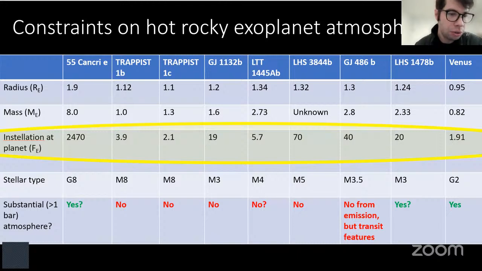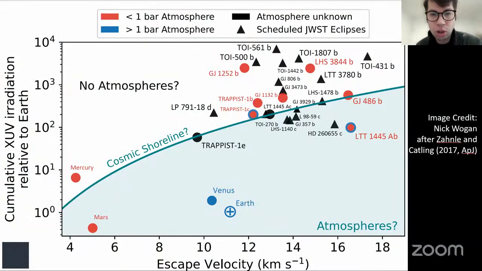And this is also reflected in cosmic shoreline plots. So this is, of course, based on the Zahnle and Catling paper. This is Nick Wogan's version of the cosmic shoreline. And just to remind you what we're looking at here, the cosmic shoreline is a quasi-empirical relationship that separates objects in the solar system, at least, between those that have atmospheres and those that don't.